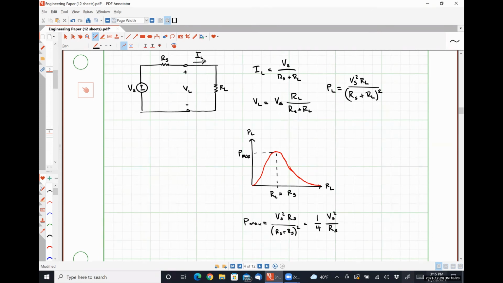What do you think the maximum power that can be transferred by a practical current source will be?